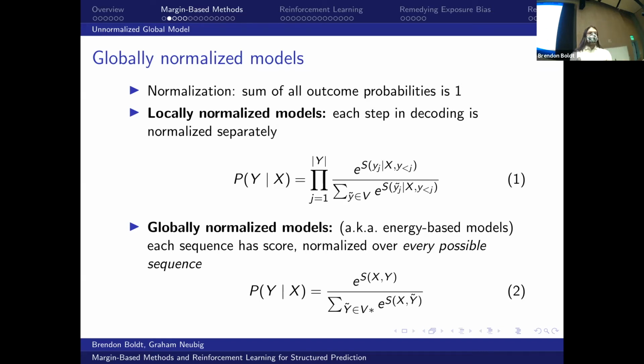This is in contrast with a globally normalized model or an energy-based model. This is where we're going to be judging the probability of a sequence all at once. We're going to assign a score to a whole sequence, and then normalize it by every possible sequence, in the hope of avoiding some issues and looking at the sequence as a whole at once.